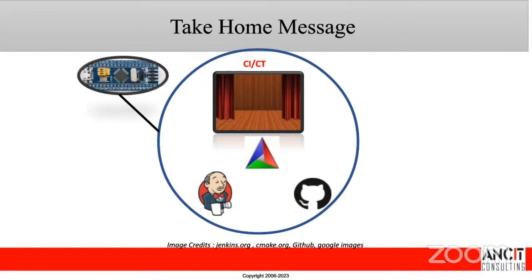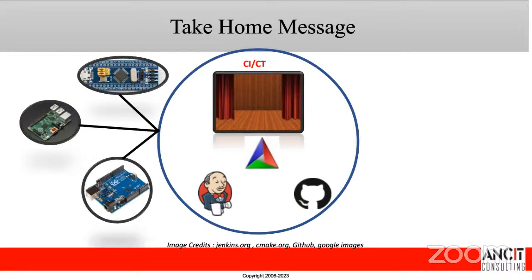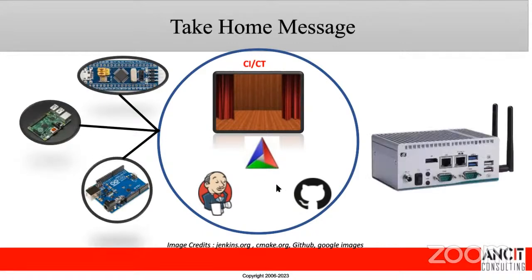In our case, we did it with STM32 Blue Pill. You can do it for Raspberry Pi. You can do it for Arduino. You can in general do it for any embedded application that you have. So that's the central idea of today's webinar.